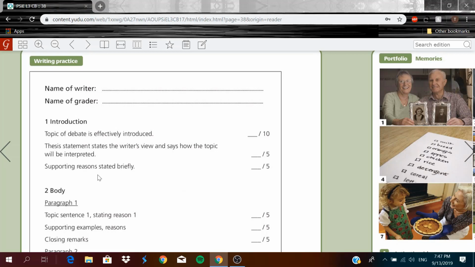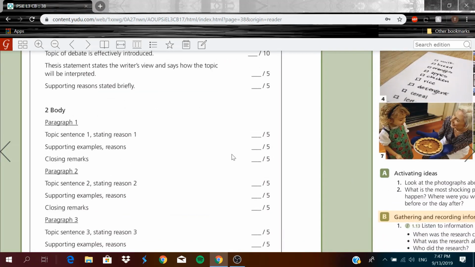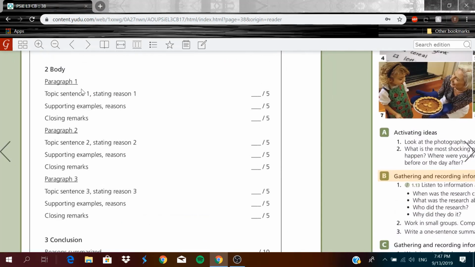Supporting reasons stated briefly, you can always give your own marks, and then move on to the body. Talk about the different paragraphs. Your supporting examples and reasons, are they good enough, are they not? Any closing remarks, how did you do it, how did you manage?